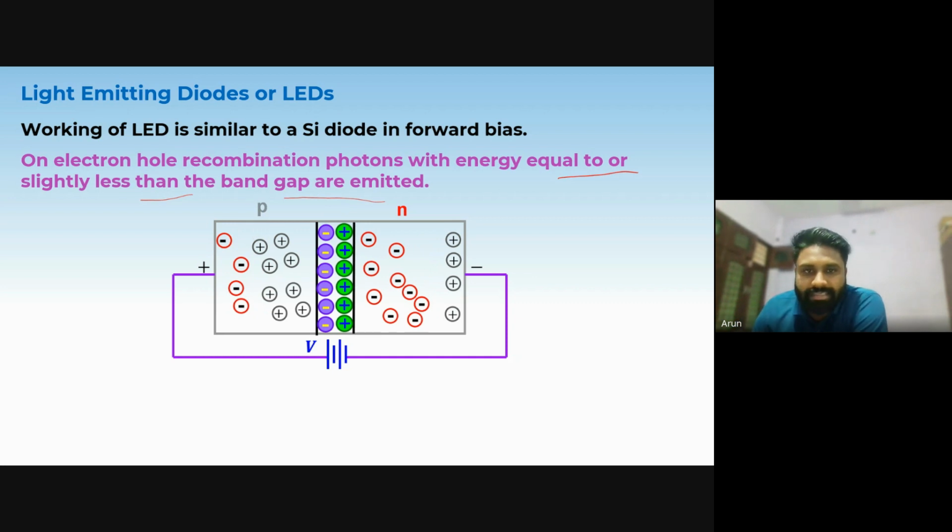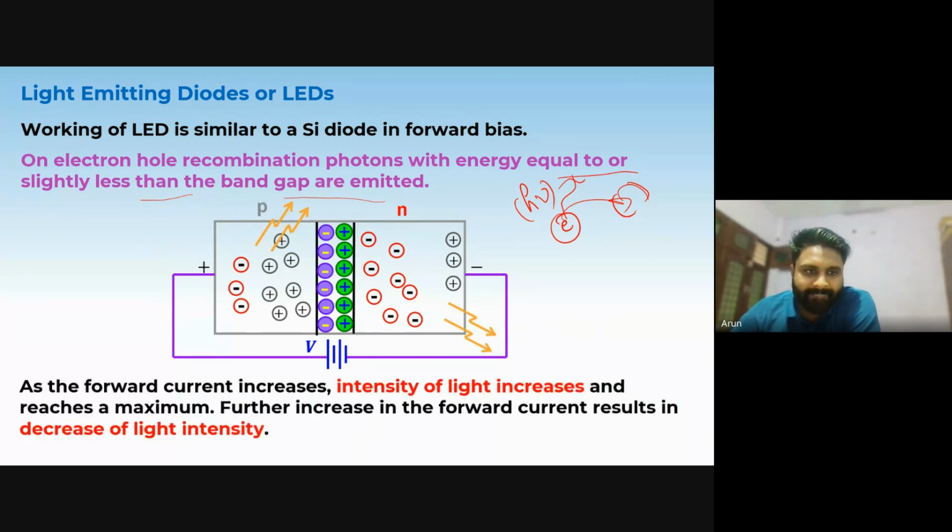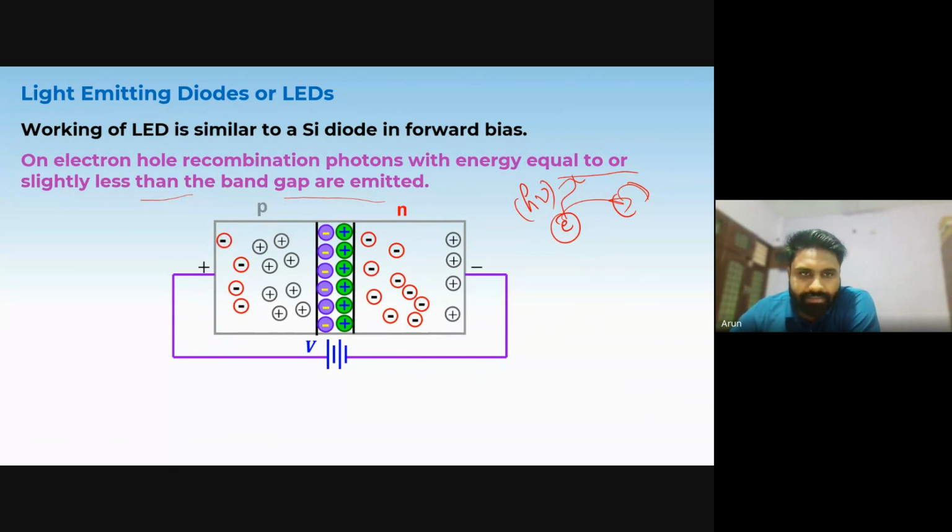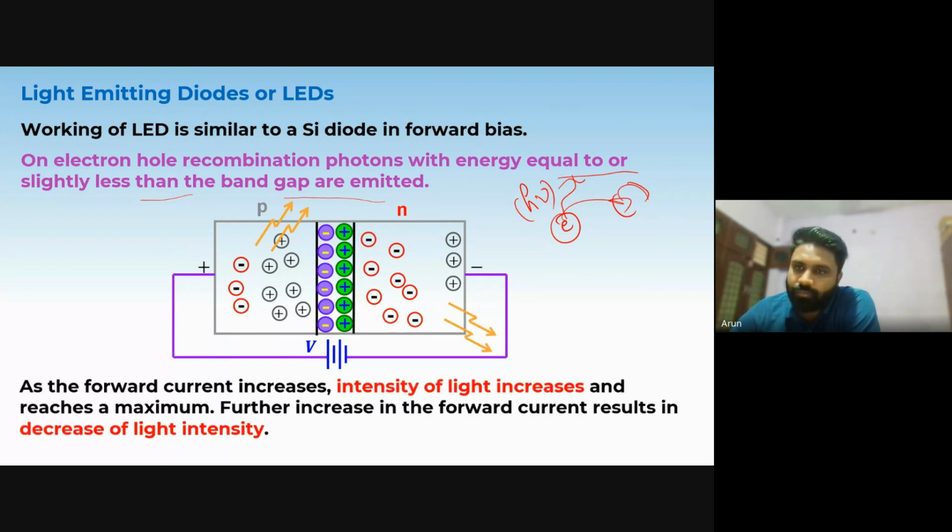As soon as the electron and hole recombine, because electron hole recombination means the electron is combining with the unfilled energy levels, in that case it will absorb some kind of energy, but when it reaches its normal state again, then it will release that photon of energy h nu, and that we will see because a photon is nothing but light. When they fill this gap, the photon will be released.